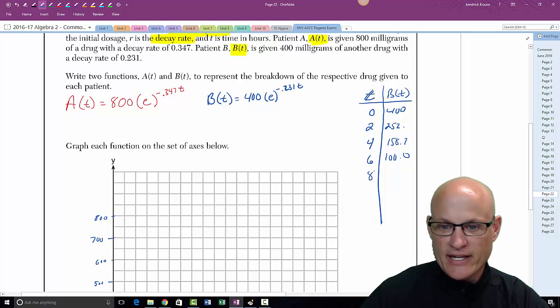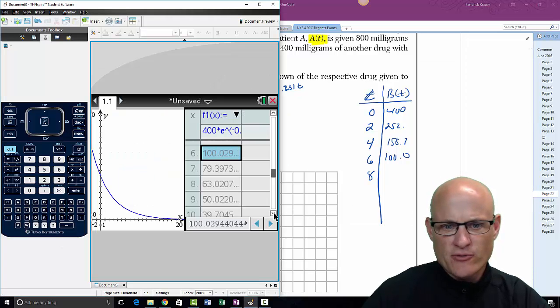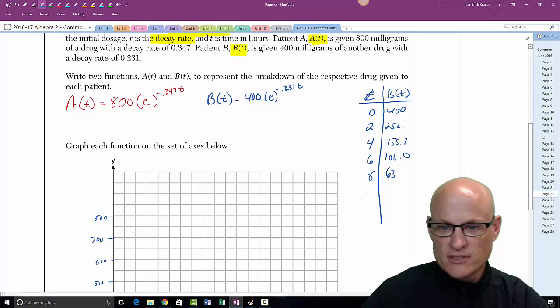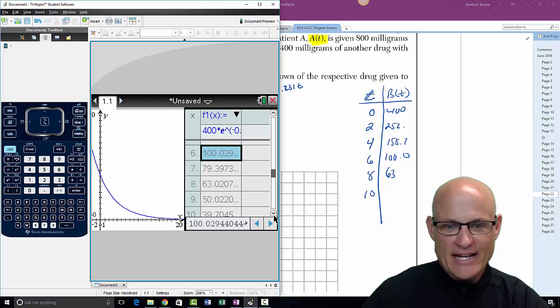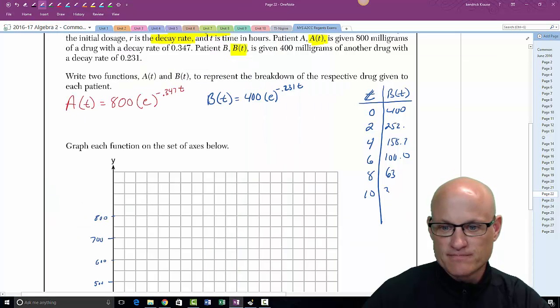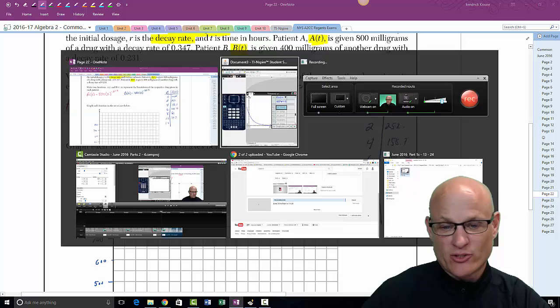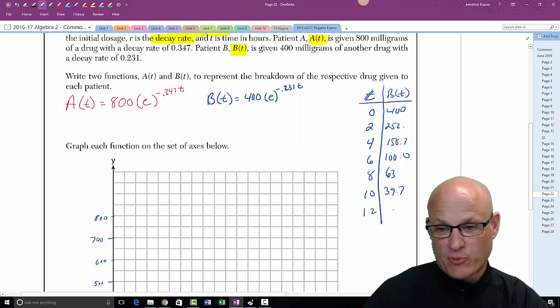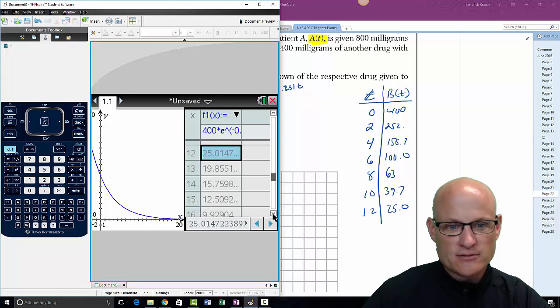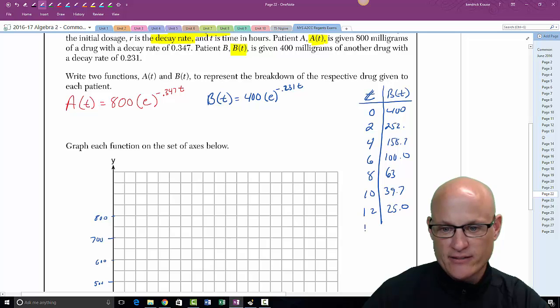That's a nice one. 8, 63.0. 10. I mean, you had 3 hours. Why not write them all down? 39.7. You know it's exponential decay, so it's going towards 0. 12 is 25.0. Another nice one to graph. 14 is 15.8.